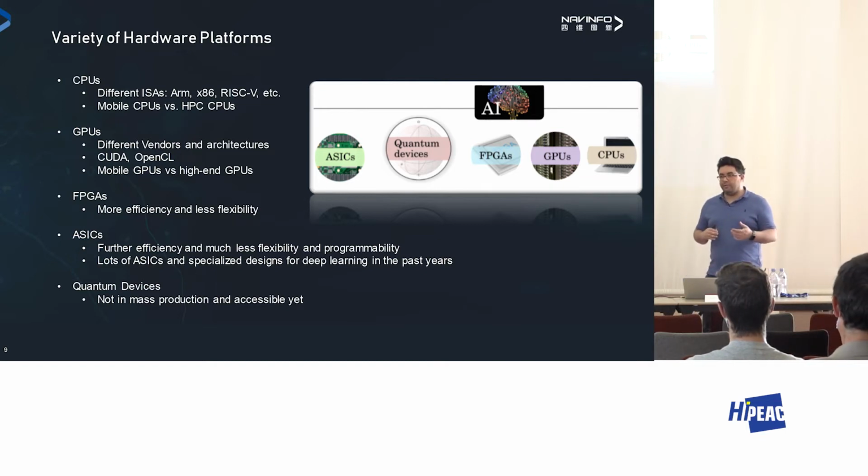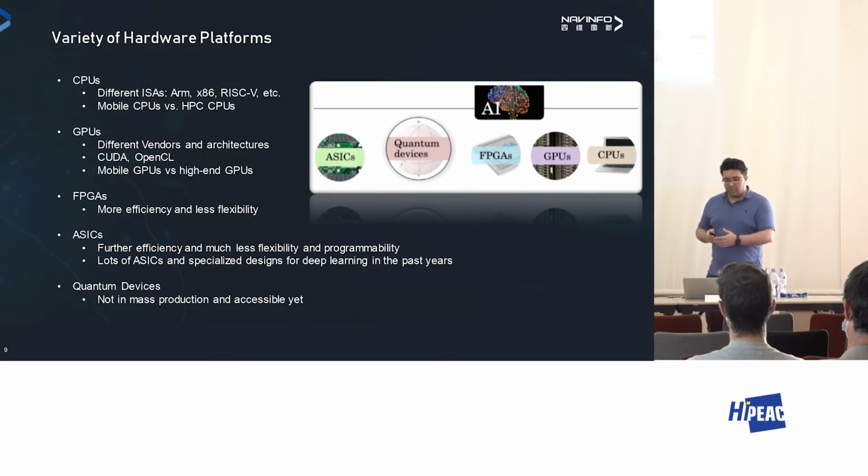We have other architectures as well. Apart from the ISA, we have mobile and high-performance CPUs. But it turns out that for capturing the complexity of the recent deep learning models, a CPU is far behind in satisfying the requirements that we have for deep learning models.